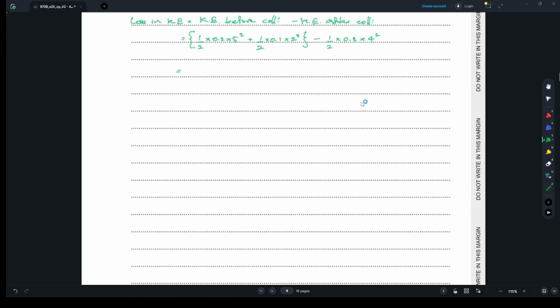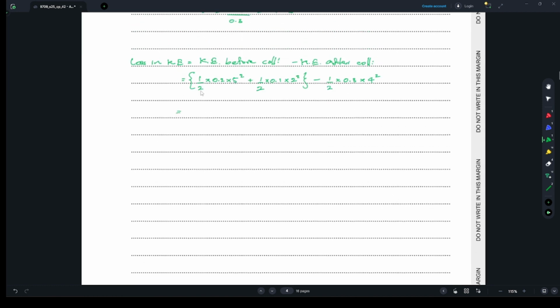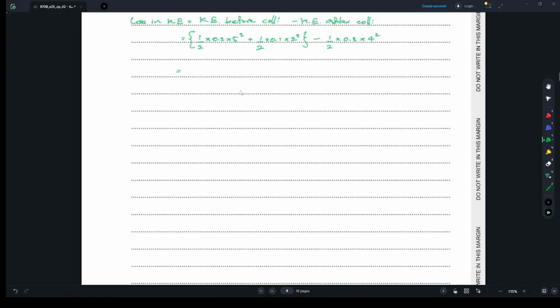Okay, so here 5 square is 25, and then here 0.2 we can divide by 2, so 0.1. 0.1 times 25 is 2.5, plus okay, here you have 2 square, which is 4, divided by 2 is 2, and multiply by 0.1.